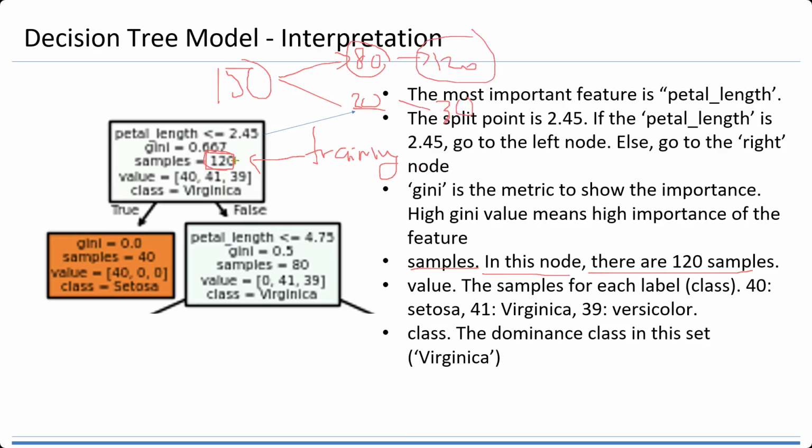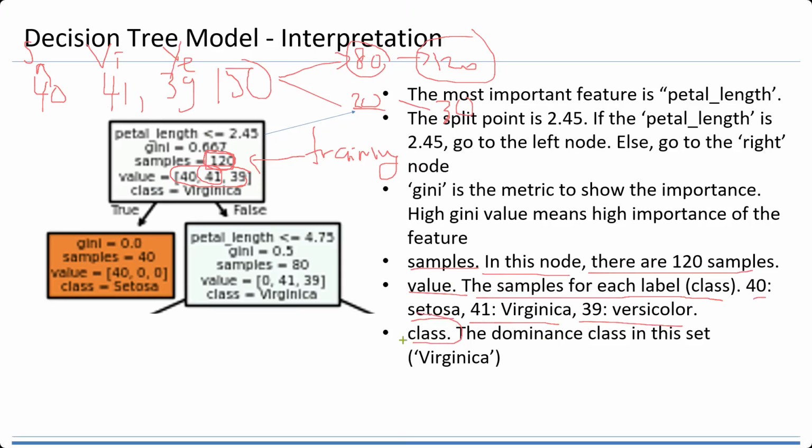Among 120 data, 40 belongs to the first, which is Setosa. 41 belongs to the second, which is Virginica. And the last one is 39. It belongs to the versicolor. So the value means the samples for each label. 40 is Setosa, 41 is Virginica, and 39 is the versicolor.